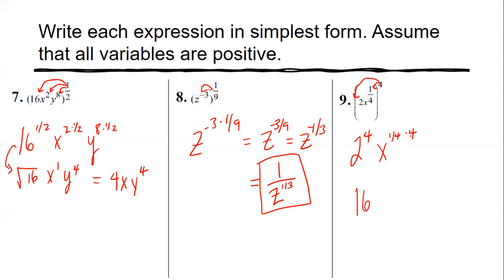What is 1/4 times 4? It's 1. 1/4 times 4 is 4 over 4, right? And what's 4 divided by 4? 1. So my answer is 16x.